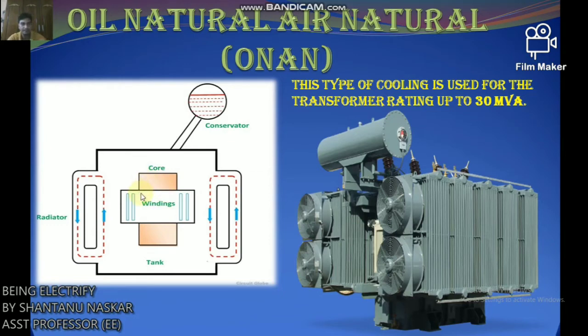As the core and the winding heat up, the temperature of the oil in the transformer rises. As a result, the oil moves upward and flows from the upper portion of the transformer tank. This hot oil dissipates heat in the air by natural convection and conduction process. The oil gets cooled by the circulation of natural air and passes through the radiator again for the use of the transformer. This type of cooling is used for transformer rating up to 30 MVA.